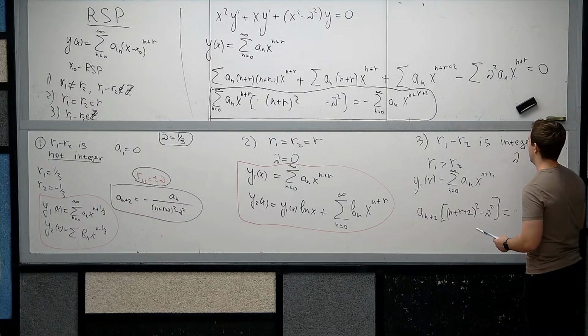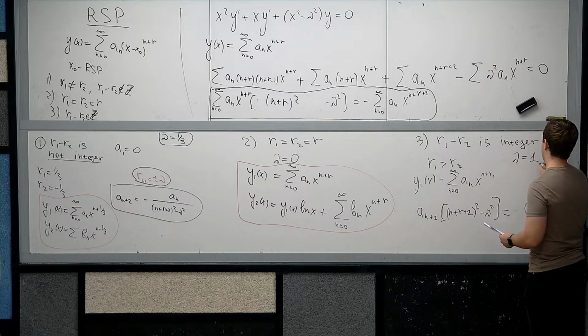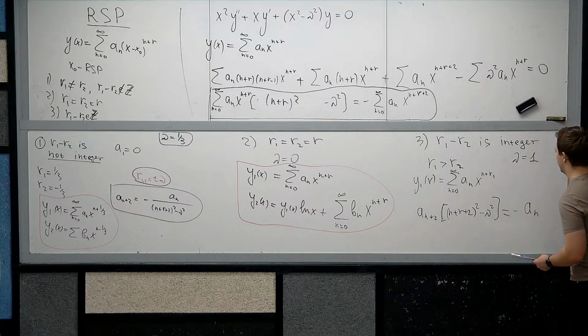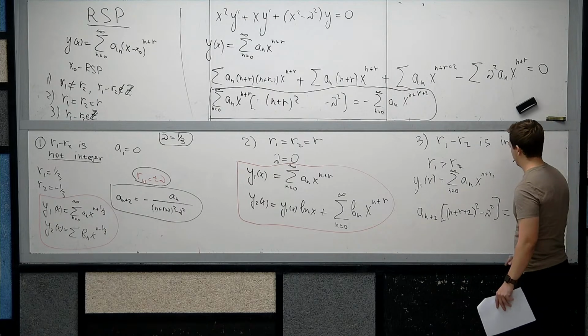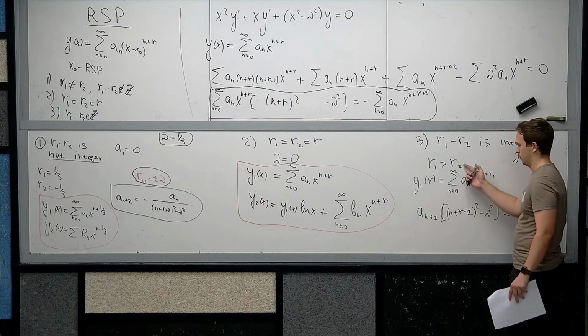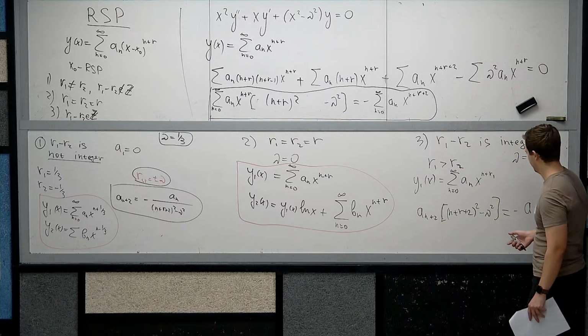And for example, mu will be 1. So we want to write it for the second root.